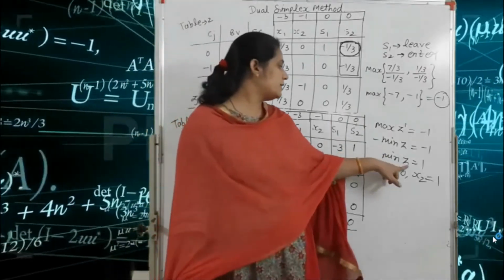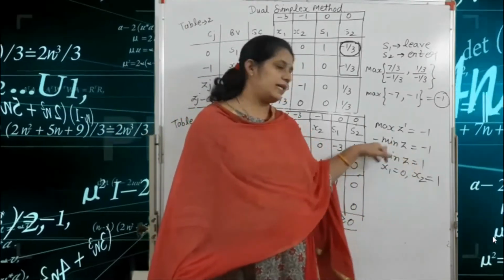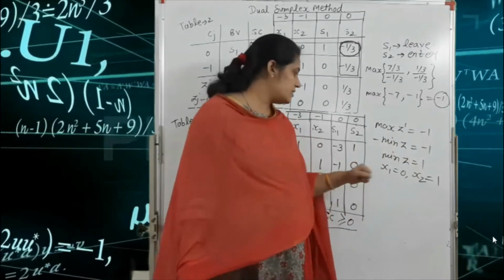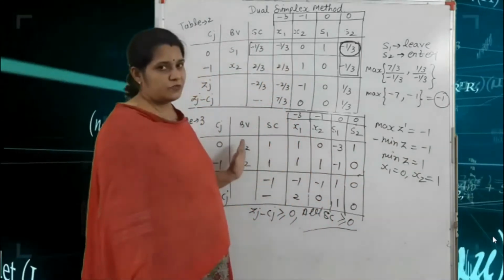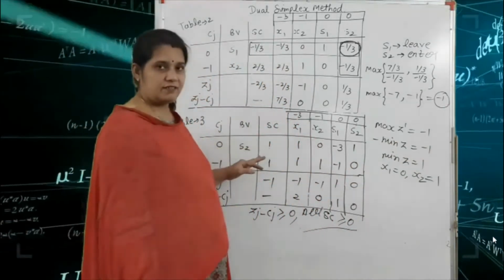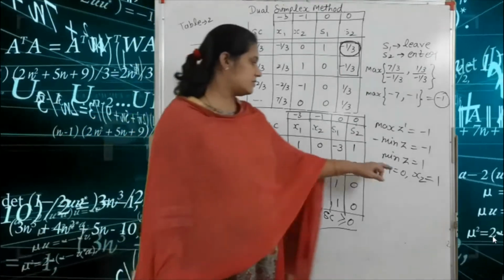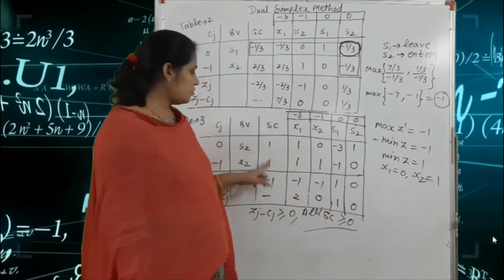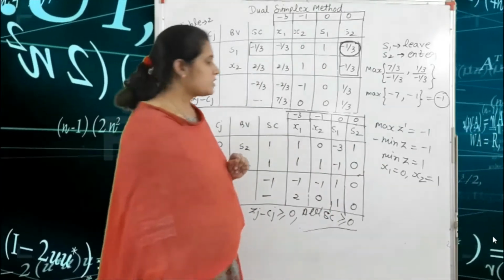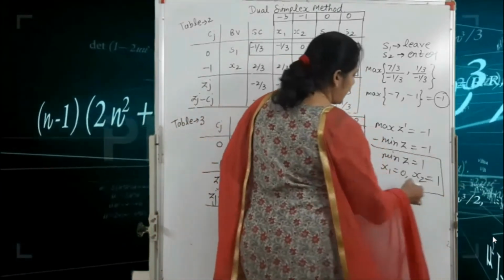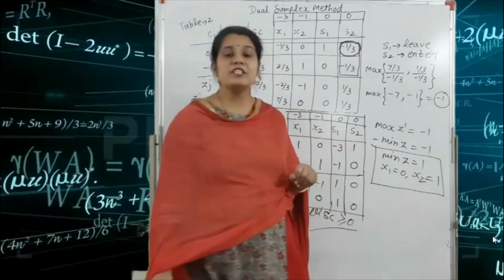Okay, so here minimize z is equal to 1, minus minus is cancelled. So x1 is equal to 0. Here x1 is not in the basic variables, so we consider x1 as 0, and for x2 the value of the solution constant is plus 1. So this is your final answer with the help of the dual simplex method.